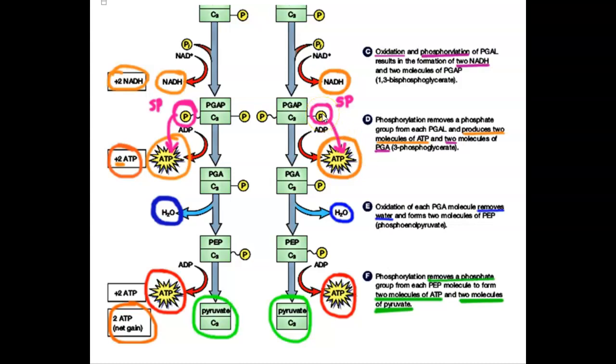This phosphate came off PGAP. There it is. Comes off here, goes on to ADP and becomes ATP. Notice now we have PGA. See that? PGA. So PGA with the phosphate gives its phosphate to ADP. Now it's just PGA. Everybody see that?